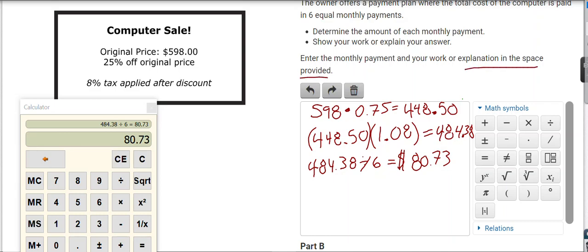So that means my monthly payment is going to be $80.73. And so I would actually do a little bit of explaining here. I would simply say, my monthly payment is, and that way whoever's grading this will know exactly how you got this and why.